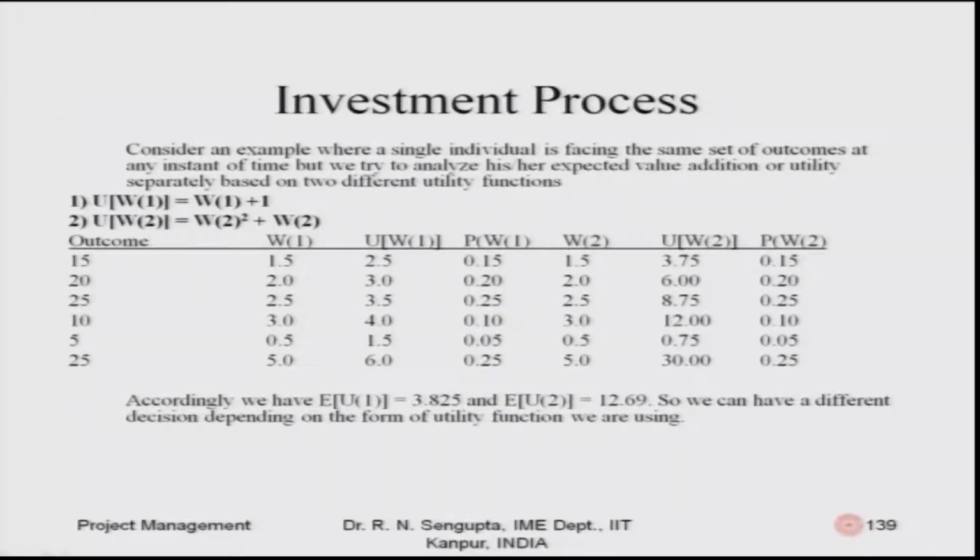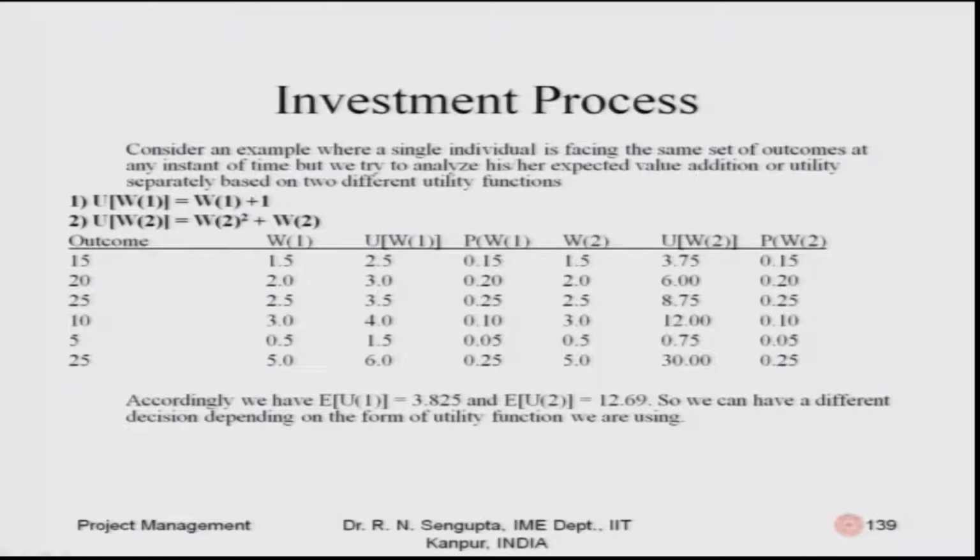Let us consider a third explanation, or a different way to explain the concept. Consider an example where a single individual is facing the same set of outcomes at any instant of time, but we try to analyze his or her expected value based on the utility function. This is the first time we are trying to do that for explanation; we will consider different examples later on where the utility functions are different.